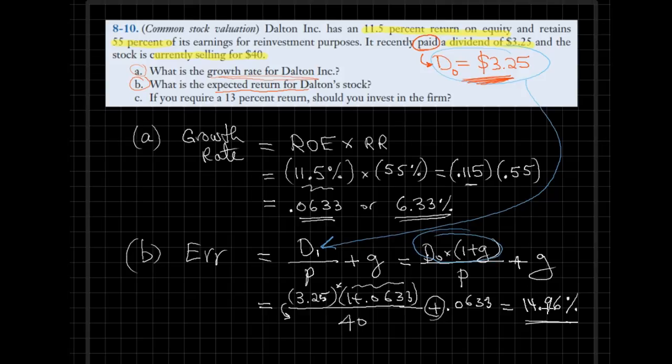Now, the last part of the problem, we are told that the required rate of return of the investor is 13%, and on that occasion, should the investor buy this stock?